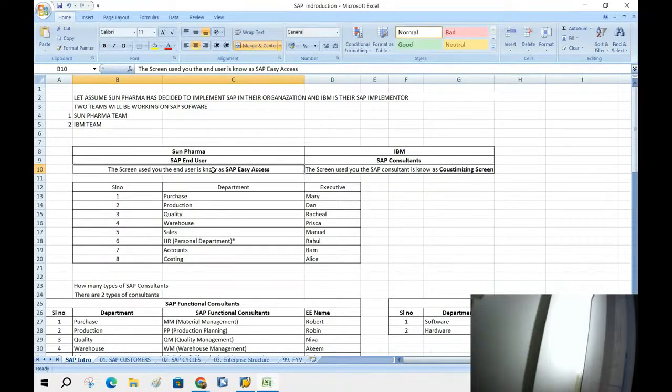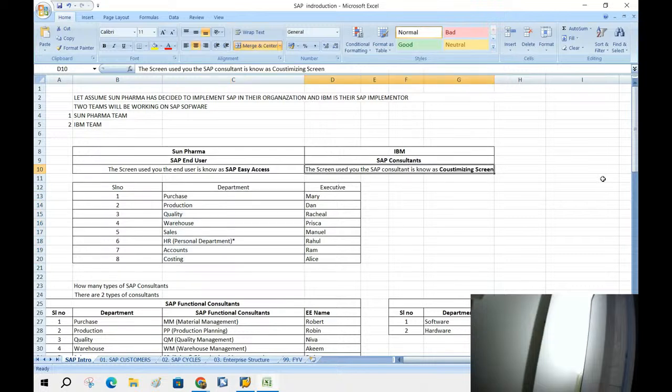Why are these people called end users? After the IBM people come and install the software in Sun Pharma, only then will the different departments of Sun Pharma use the software. Correct? So they are called SAP end users, and IBM people are called consultants.